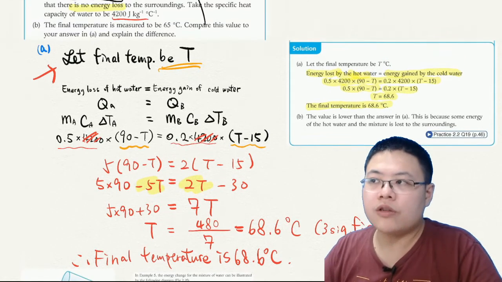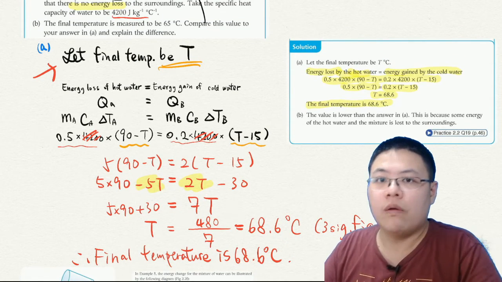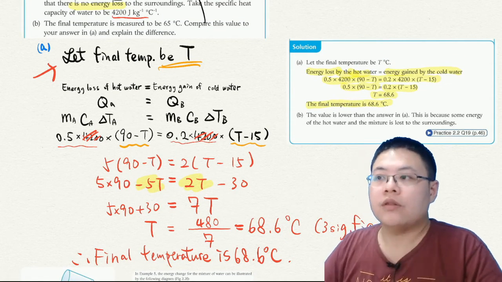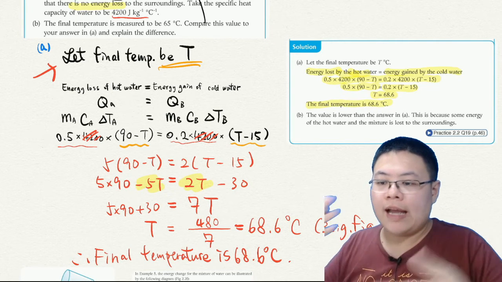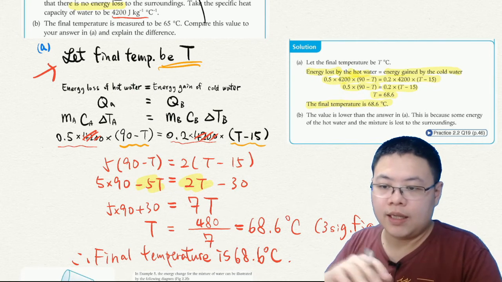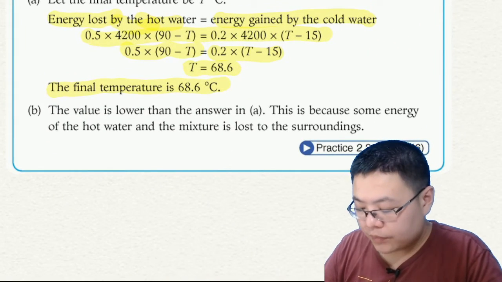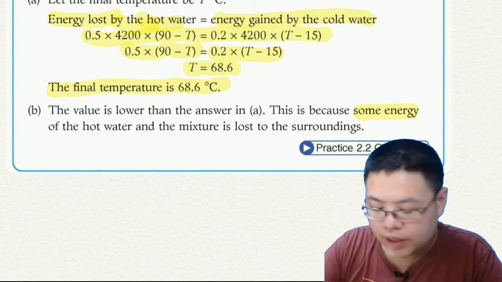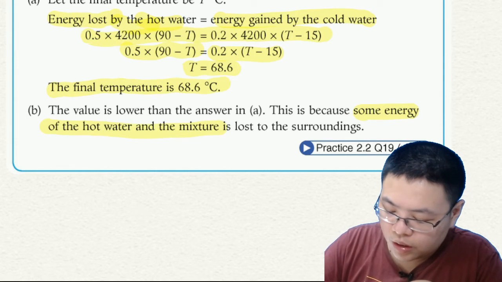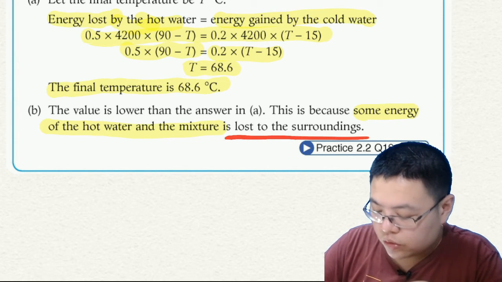But why do we measure a lower value in real life? This is because the room temperature plays a part in this circumstance, because some energy of the hot water in the mixture is lost to the surroundings.